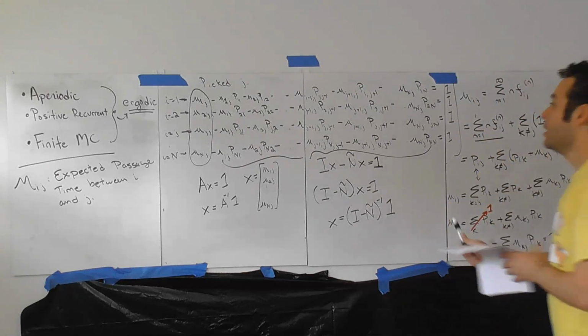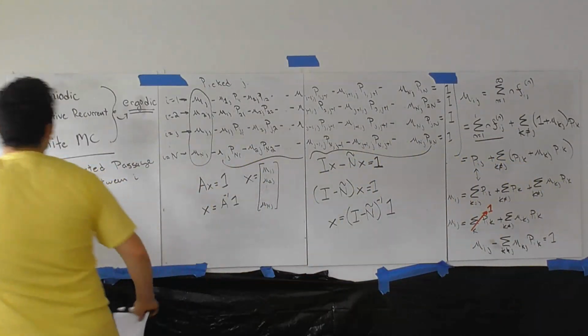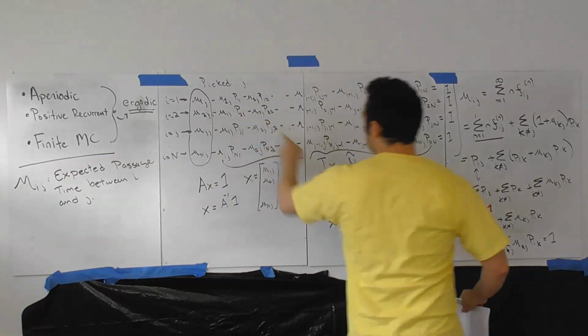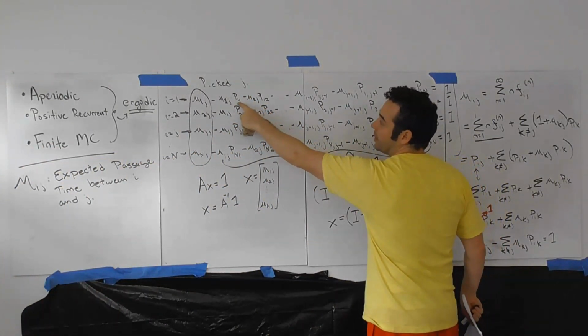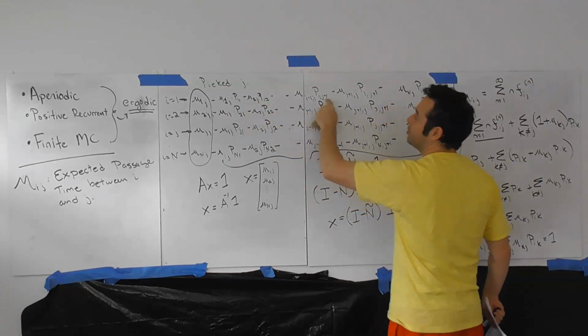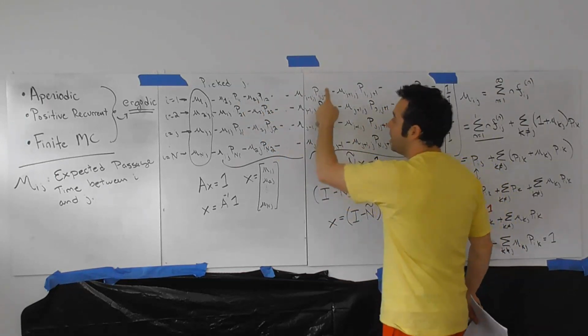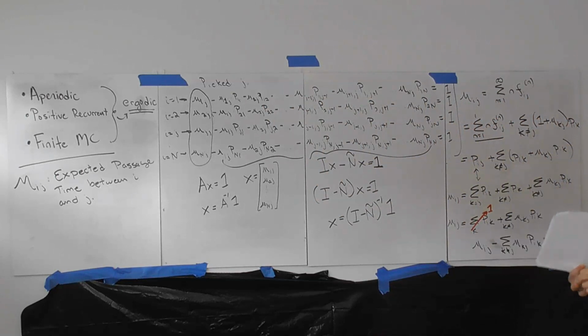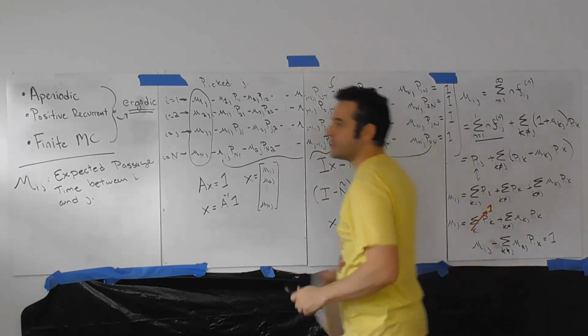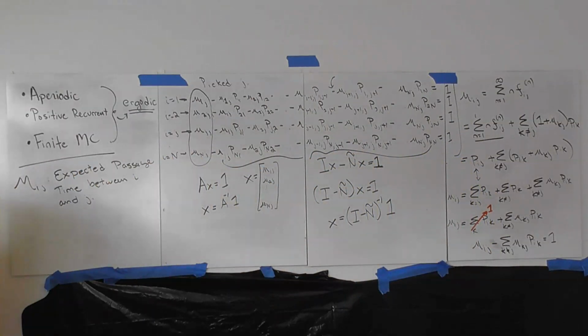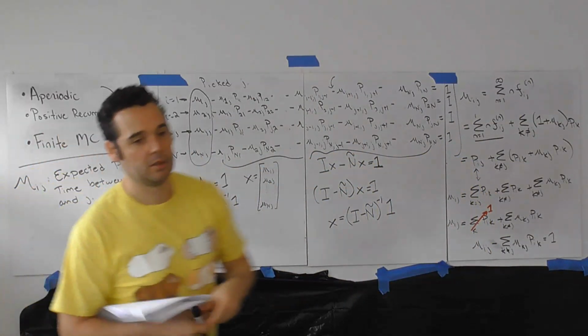Well, if you look at what's going on here, our x, these mu ij's, are just being multiplied times p11, p12, p13, all the way through, except the only one we're not multiplying by is, in each case, let's get the red.